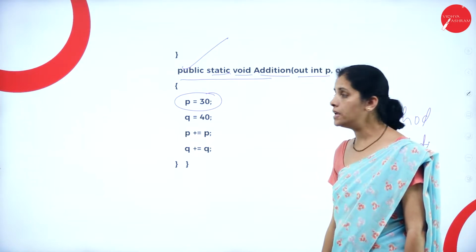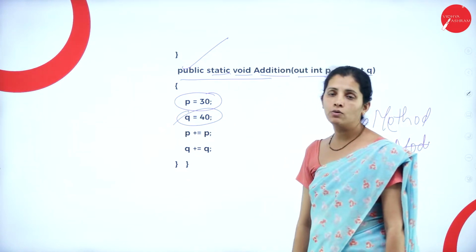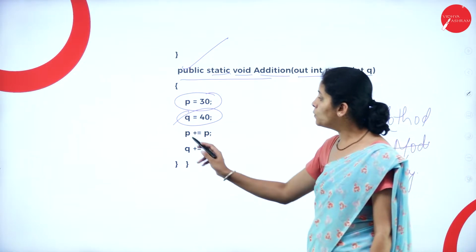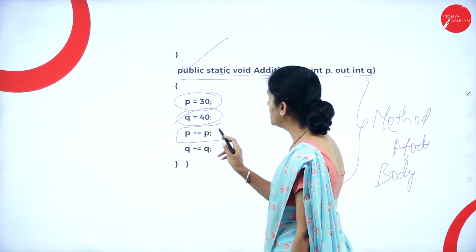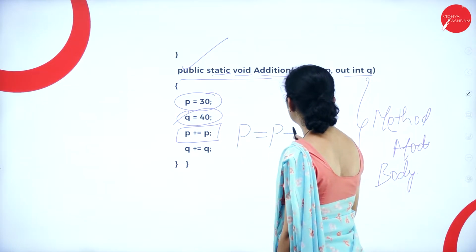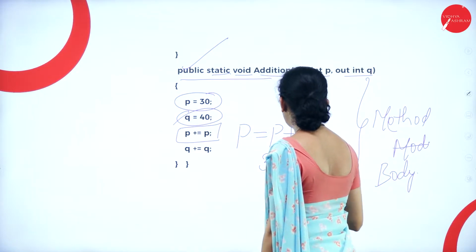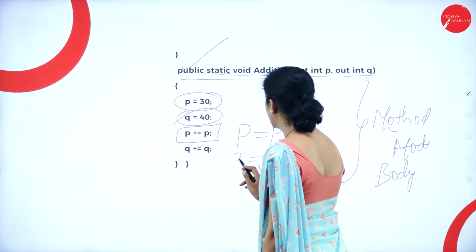Now, I'm going to assign the values. That is, p equal to 30 and q equal to 40. Then what is the meaning of this statement? That is nothing but p equal to p plus 1. In the sense, p is 30, 30 plus 1 is 31.